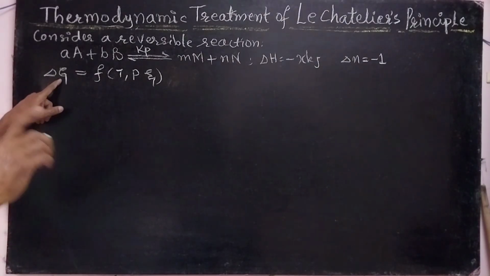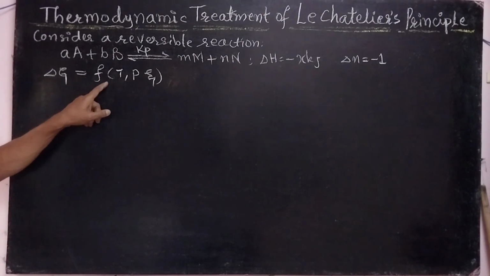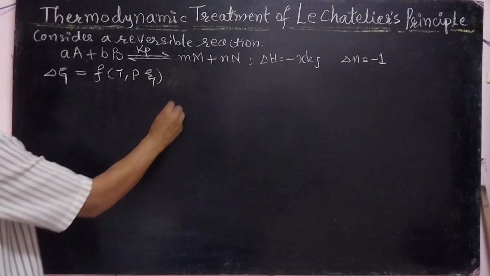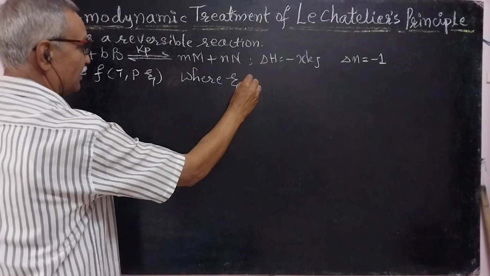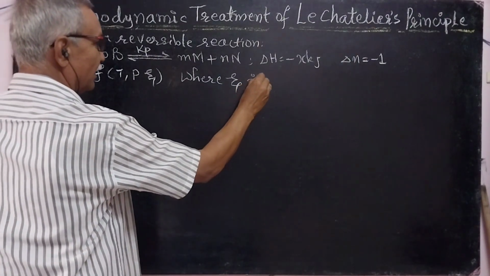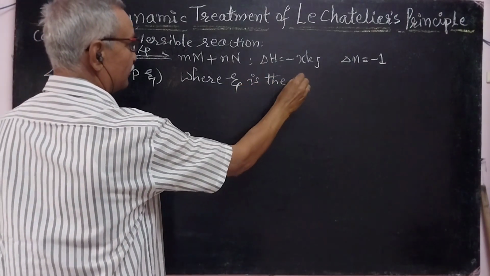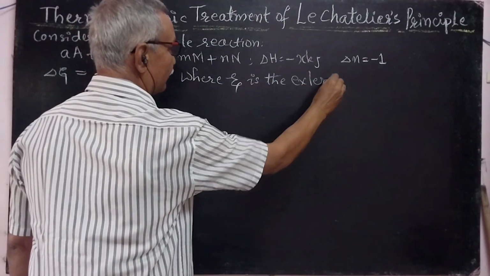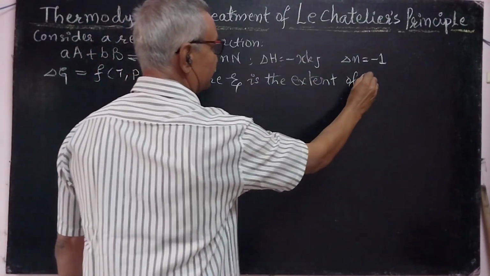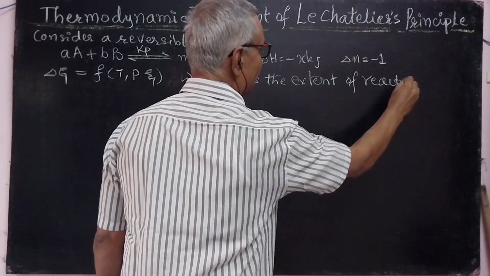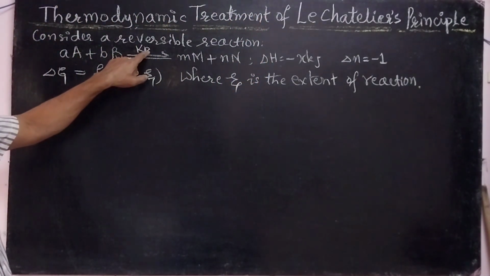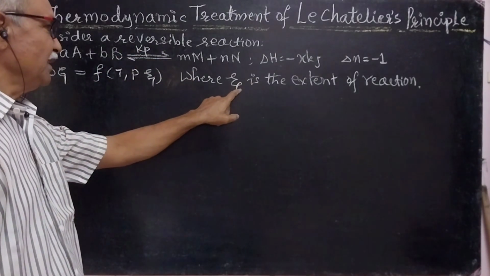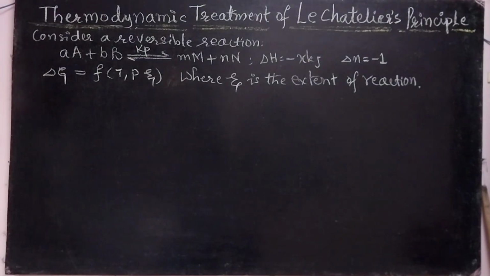Delta G is the free energy change of the reaction, which is a function of temperature, pressure and extent of reaction, where epsilon is the extent of reaction. It means the higher the extent of reaction, the more will be the Kp of the reaction. Like this, epsilon indicates the extent of reaction.